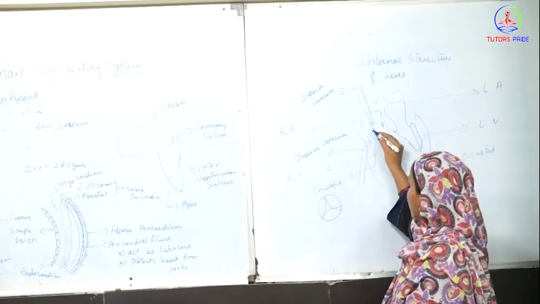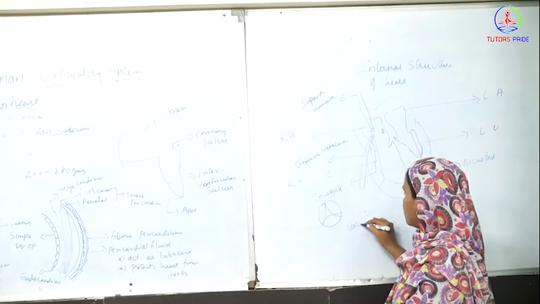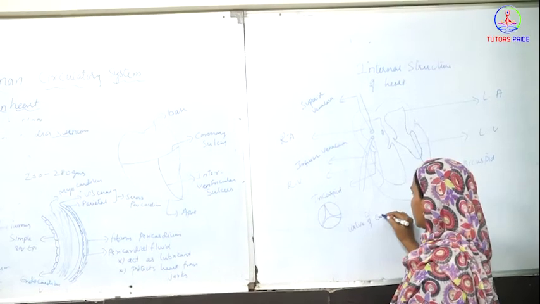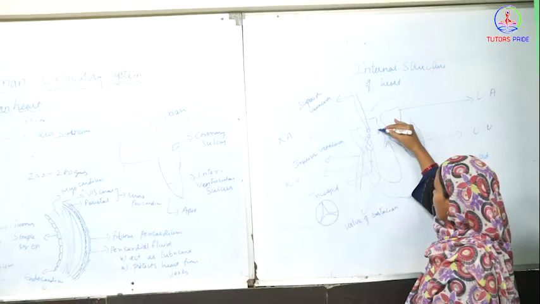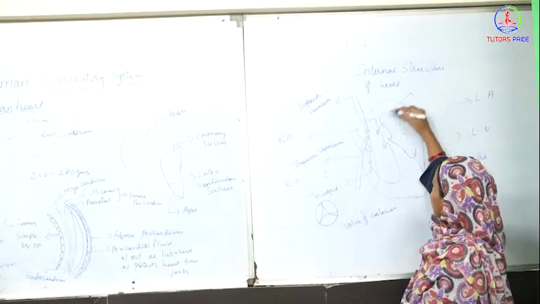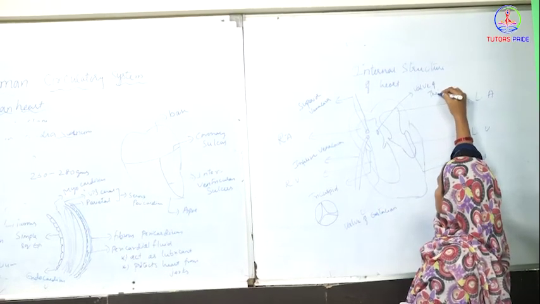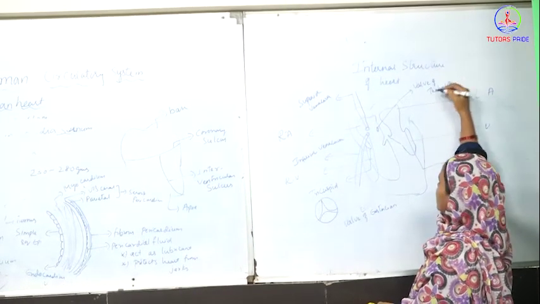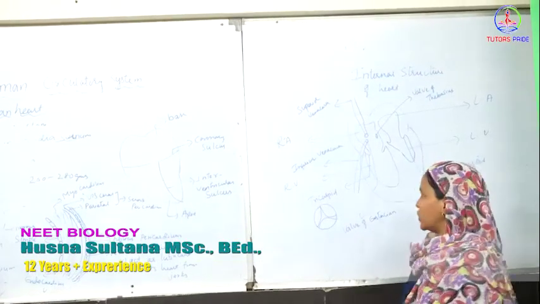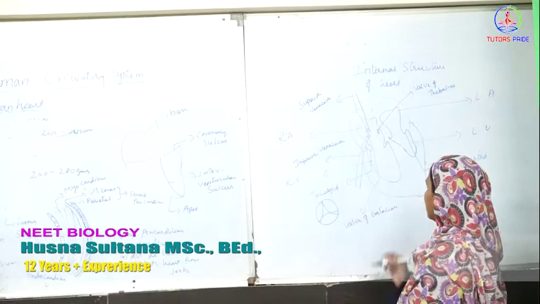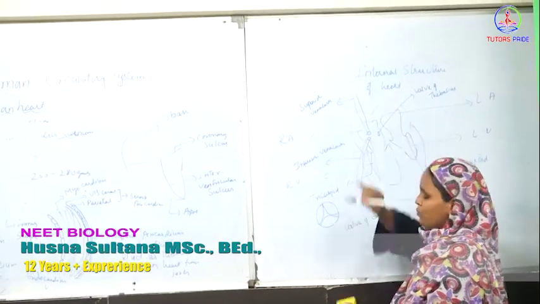This valve is called the valve of Eustachius, and this valve is called the valve of Thebesius. So these are the veins, and there is no valve in the superior vena cava.